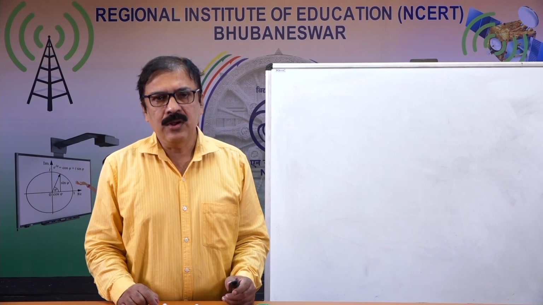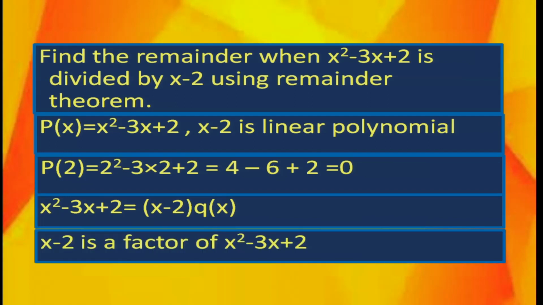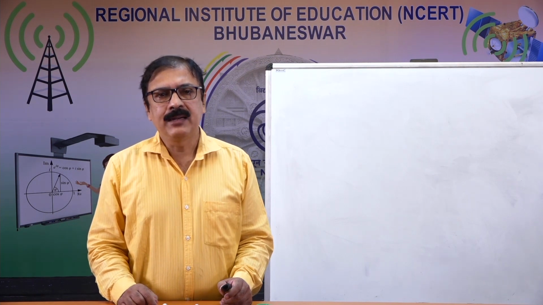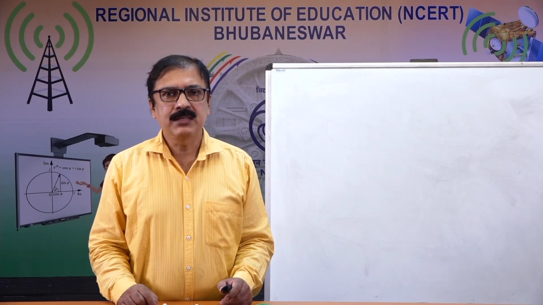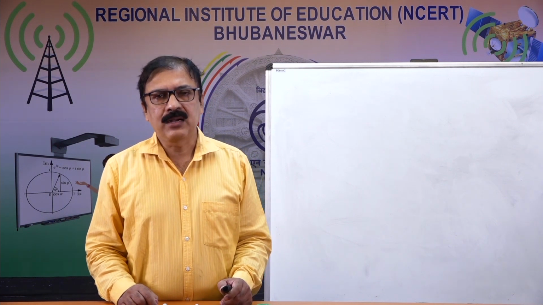If the remainder is 0, we can express x square minus 3x plus 2 as x minus 2 into some polynomial q(x). This shows that x minus 2 is a factor of x square minus 3x plus 2. Here, we could find the factor of a polynomial. From this, we can lead to the factor theorem. What is the factor theorem?